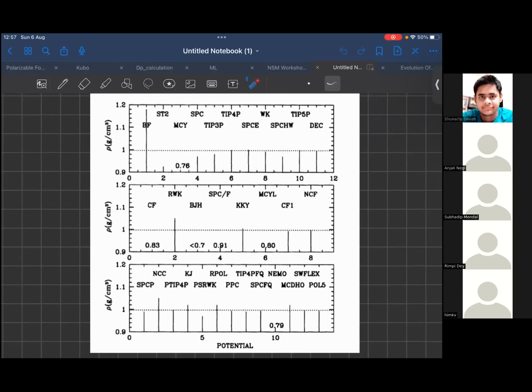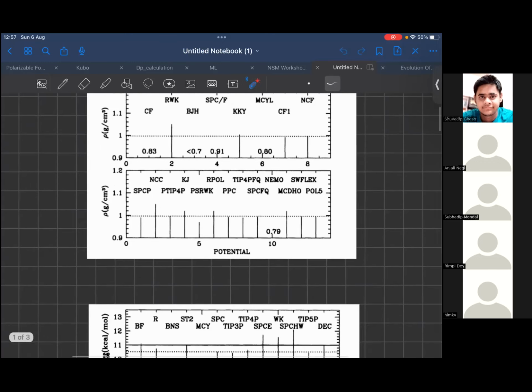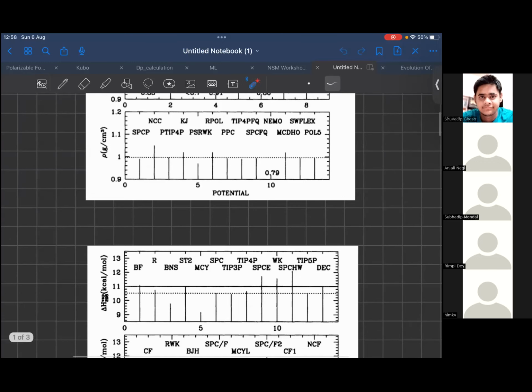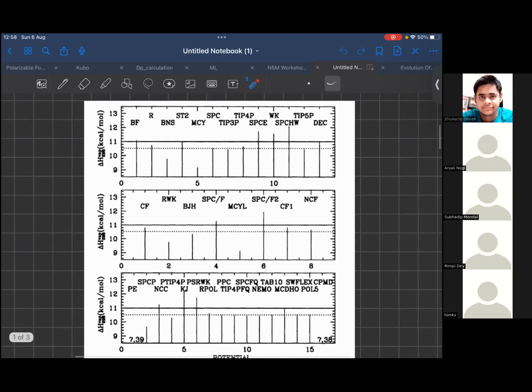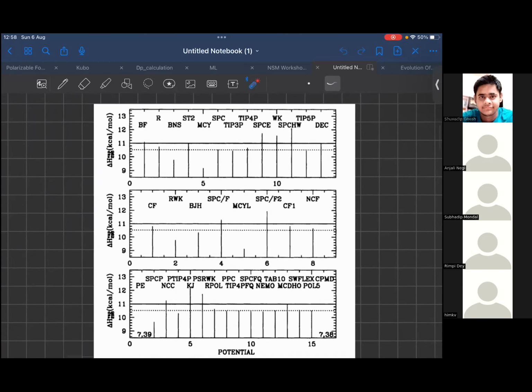Okay, then the next thing comes, which is the heat of vaporization. If you see, this dotted line shows the experimental heat of vaporization, and this solid line basically says the heat of vaporization for the classical water, which is 11 kilocalories per mole, as they have designated.